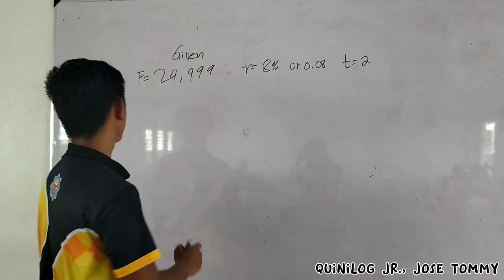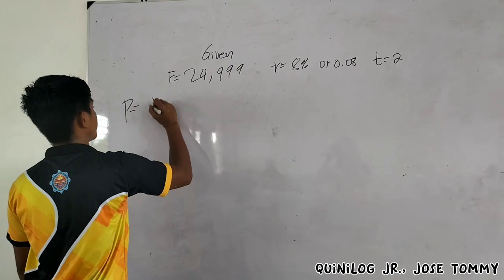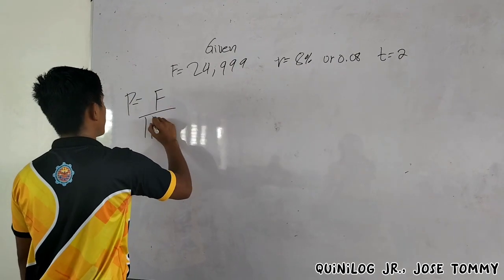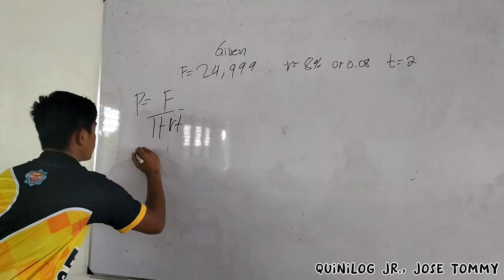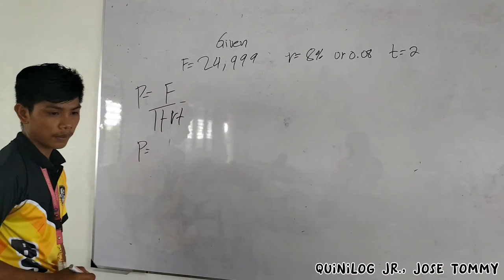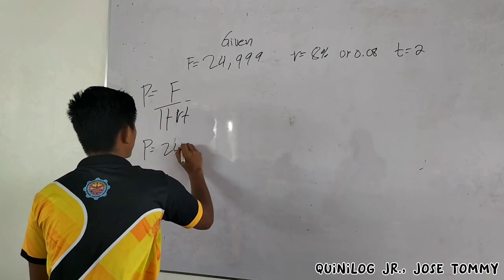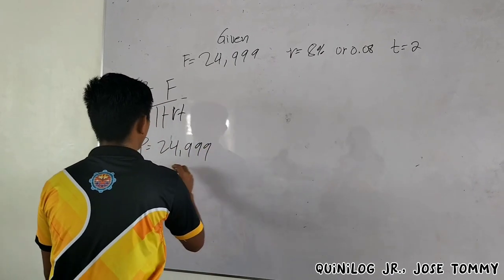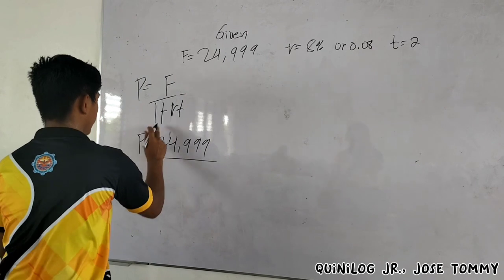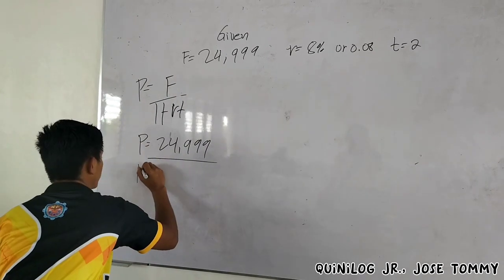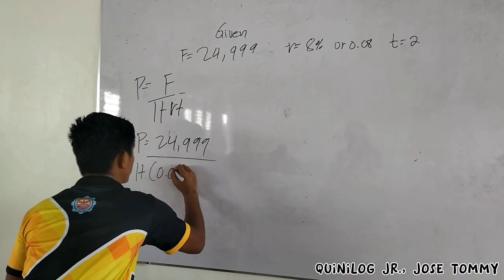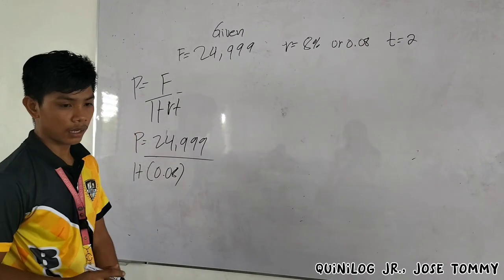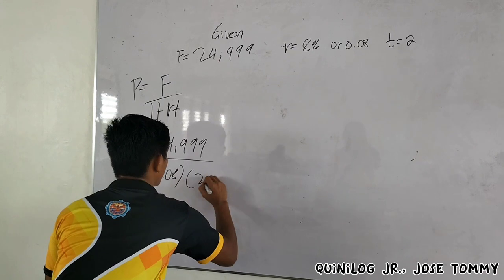So, formula. Principal equals A over 1 plus RT. So, final amount is 24,999 over 1 plus rate, which is 0.08, times the time, which is 2.